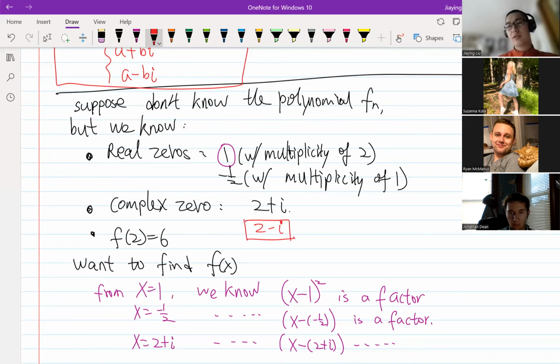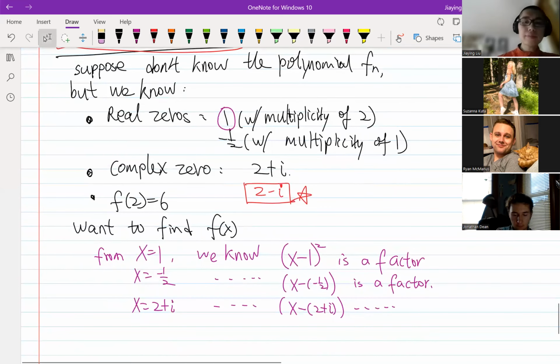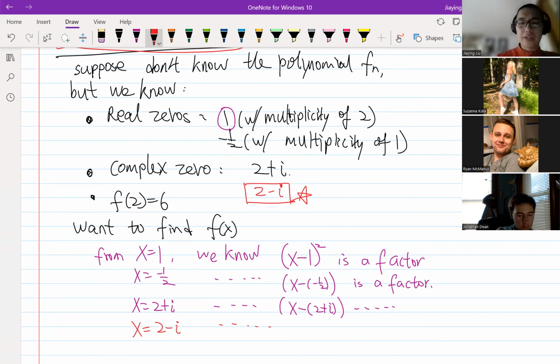So that's something to watch out for. From x equals 2 minus i, we can also write a factor, x minus (2 minus i). So we have 4 factors here.